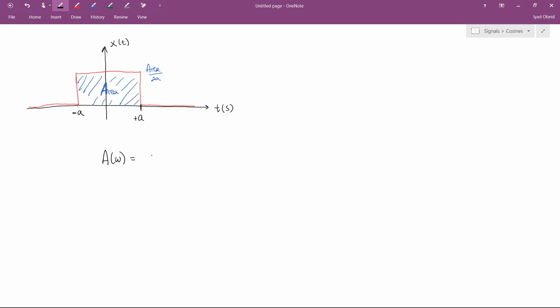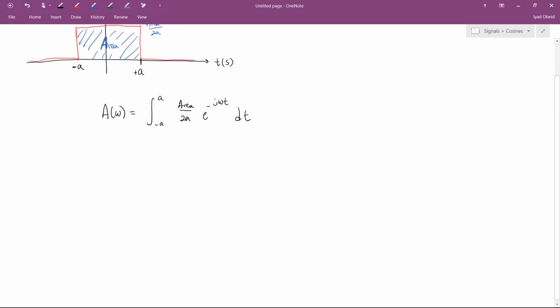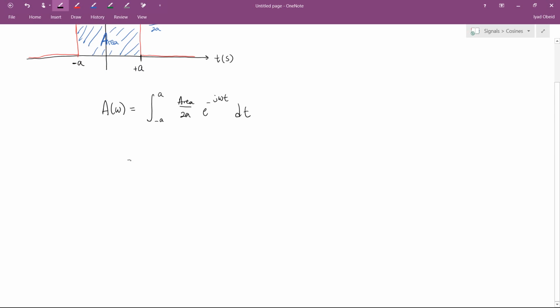So A of omega is going to equal the integral from minus a to a of x of t, which is area over 2a, times e to the minus j omega t dt. The area over 2a comes out, that's a constant.